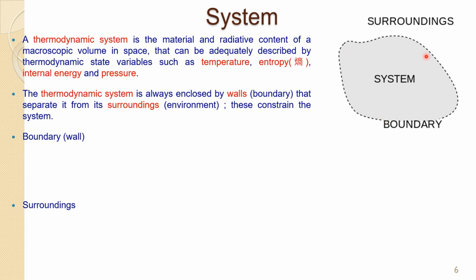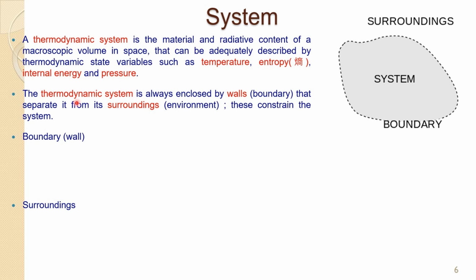For example, you have a hypothetical box. This box is what we call the system. And inside the system, the variables can be temperature, entropy, internal energy, and pressure. You might wonder, Professor, what is internal energy? We are going to talk about this in detail, okay?